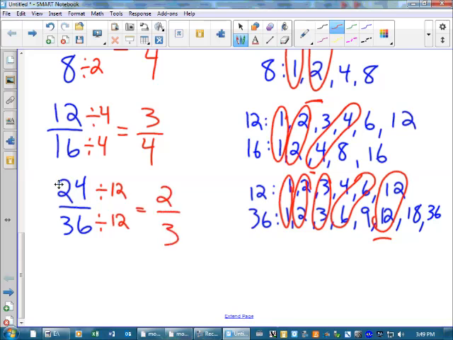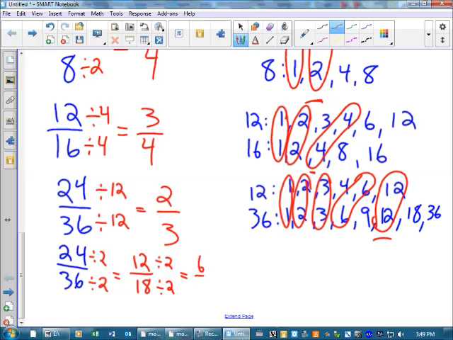Pretty slick, hey? Again, if you didn't divide by 12, but let's say you took the long way. What if you just couldn't remember this? What if I went, I can see that they're both even, so why don't I just divide by 2? That'll give me 12/18. Oh, they're both even again, so I can still divide by 2.